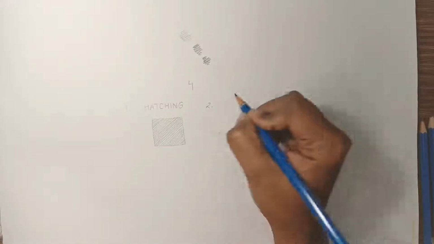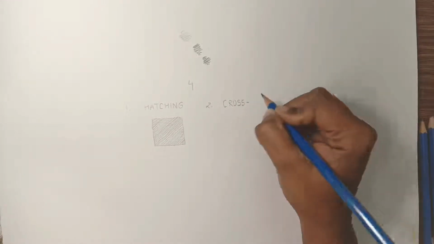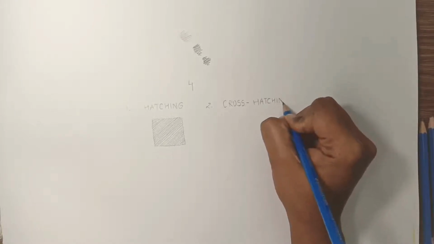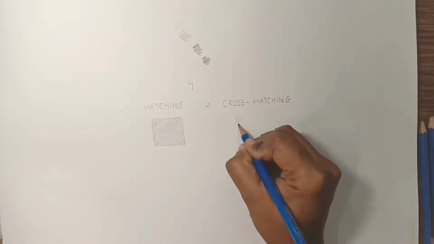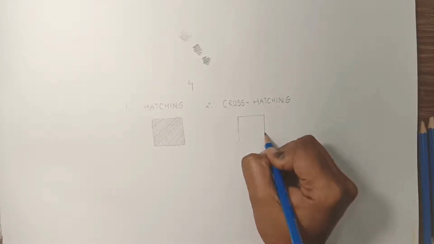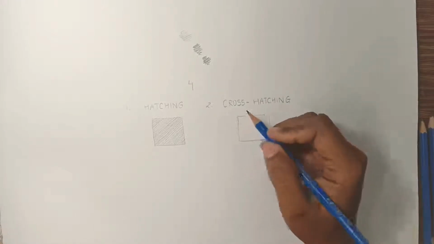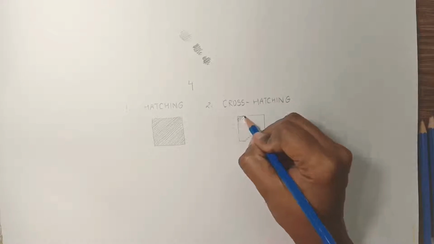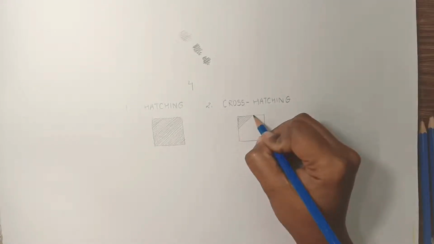Our second technique is cross hatching. This technique involves crossing the previous hatching technique, just as the name suggests. So here we have our hatching, just like we had done previously.